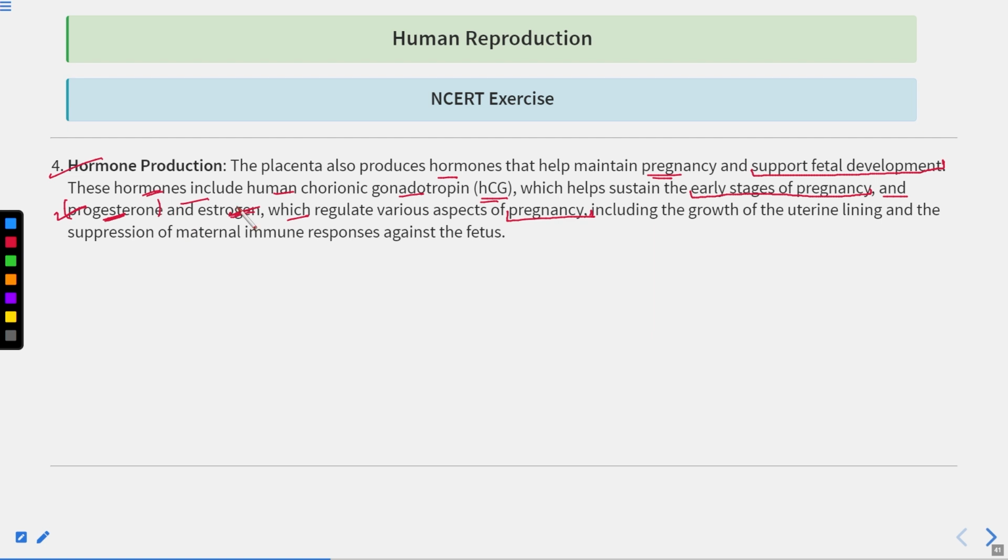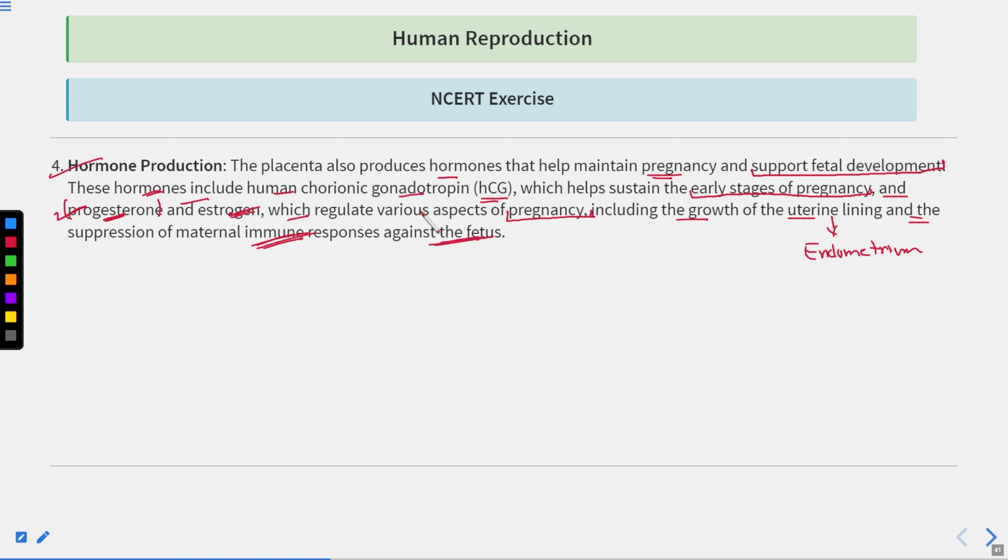So progesterone and estrogen regulate various aspects of the pregnancy, including the growth of the uterine lining. Uterine lining means endometrium. They also help in the suppression of the maternal immune response, because sometimes an immune response can be generated against the fetus.